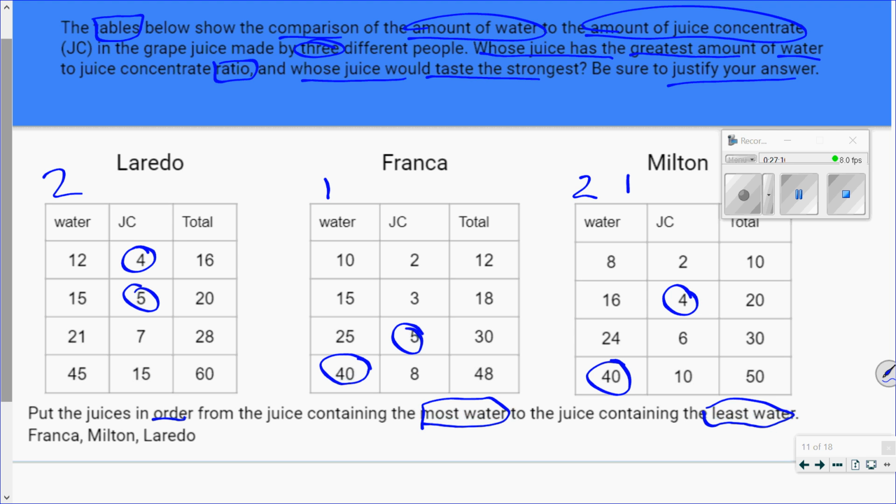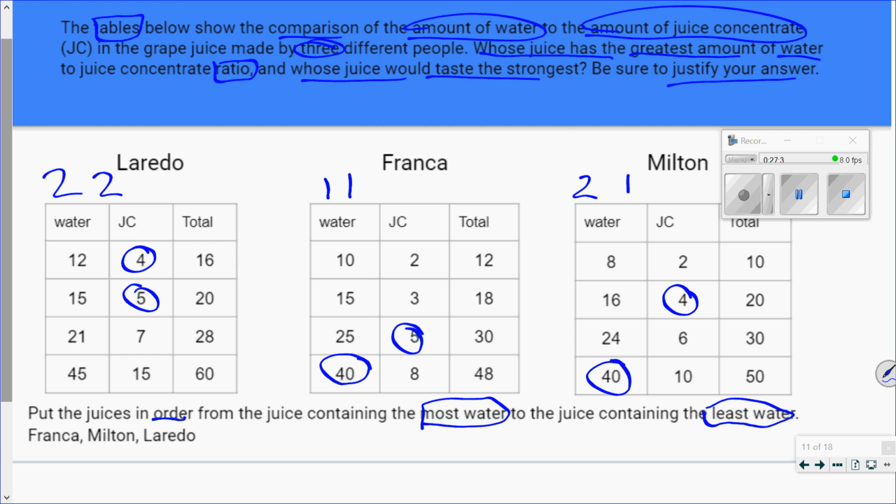If the juices are the same, I want the guy that has more water, because they beat him, because they have a higher water ratio. He's got 25, he's got 15. So just as we expected, Franca beat Laredo. So can we put them in order now for like 100% confidence? Yes, we should be able to.